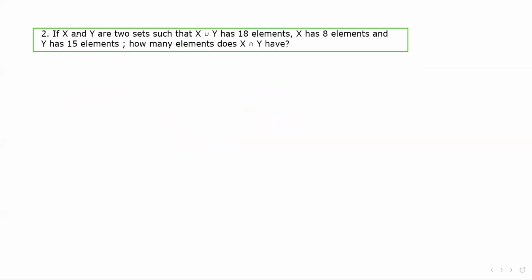Next, if X and Y are two sets such that X union Y is 18, that means the number of elements in X union Y is 18. X has 8 elements, n(X) is 8, and Y has 15 elements, n(Y) is 15. How many elements does X intersection Y have?